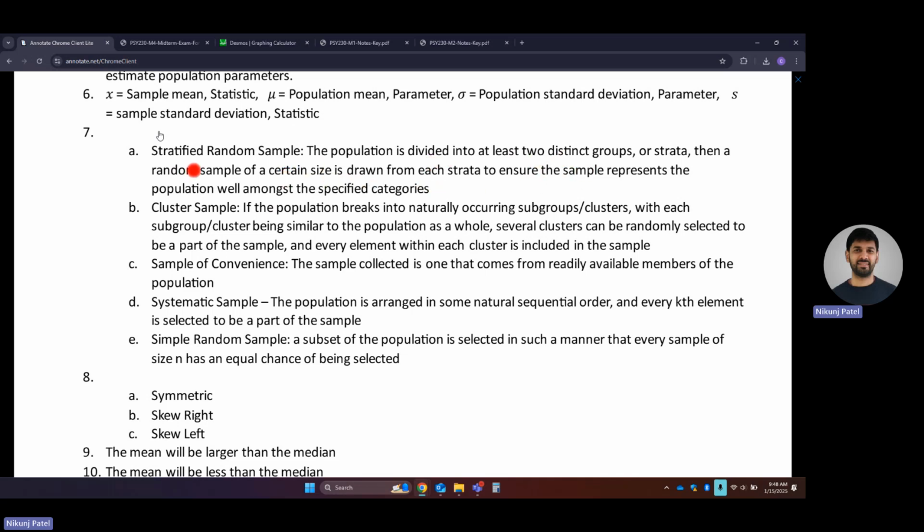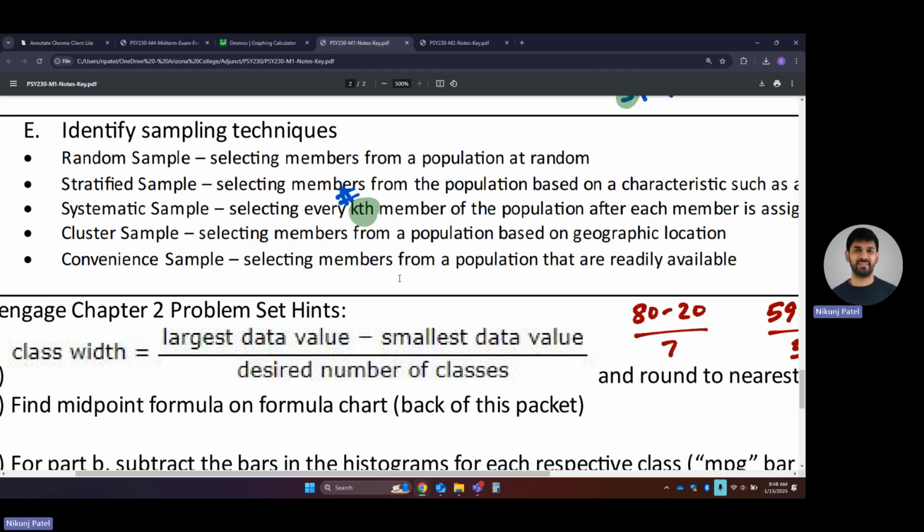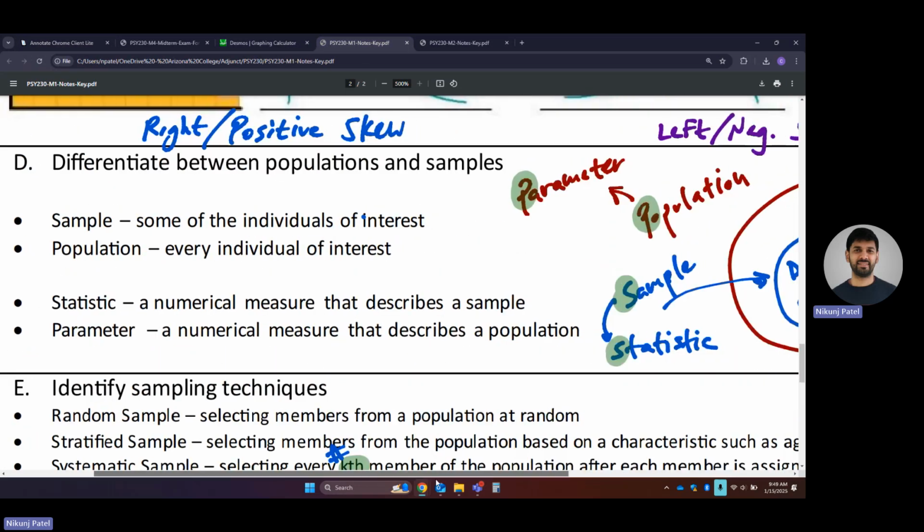That's called stratified sampling. Cluster sampling is breaking the population into particular clusters or groups and picking one of those clusters. And so the most common way to think about this one is geographically. For example, in the example in the notes, I chose to cluster the data by our campus, Dallas campus, right?